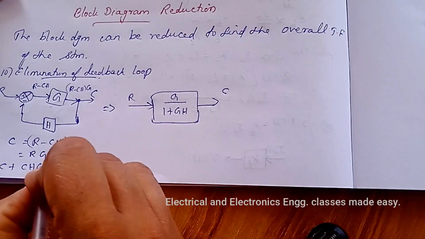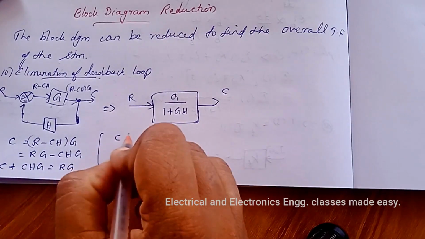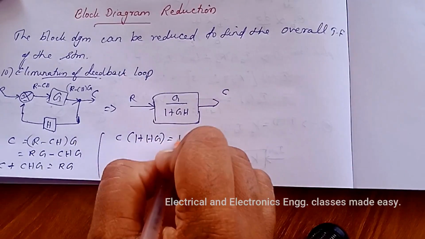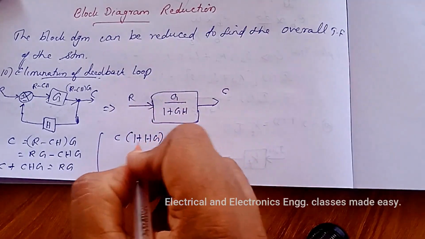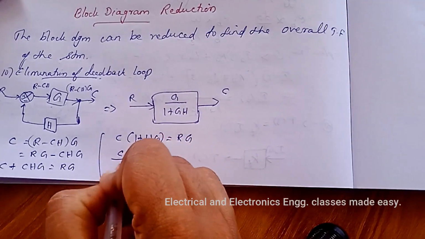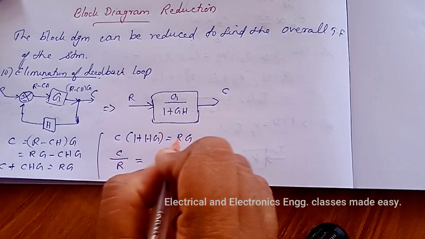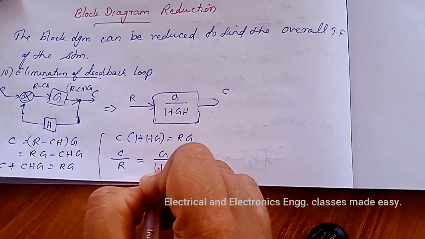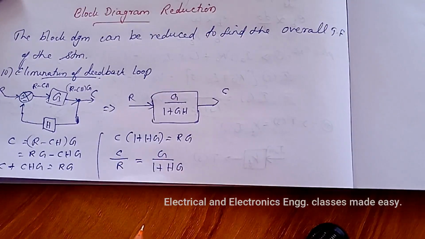And here we can take this C outside, that is C into 1 plus GH equal to R into G. So from this we get C by R, that is the transfer function, equal to G divided by 1 plus GH.